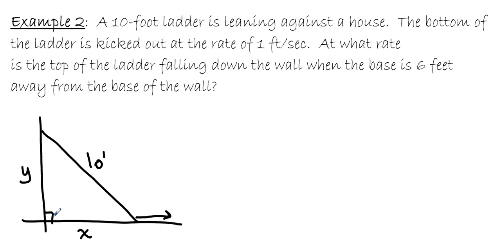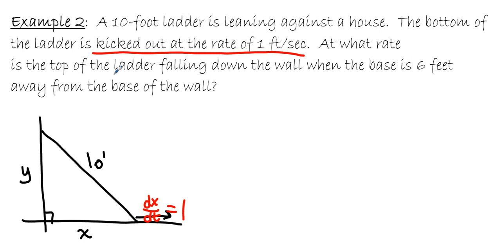We're just going to assume that the house is built decently. So when we say that the bottom of the ladder is kicked out at the rate of 1 foot per second, that means that x is growing at 1 foot per second. That's the information that we're given.